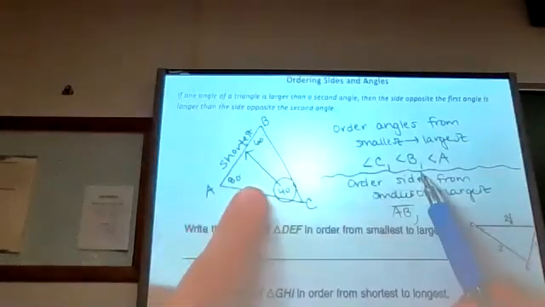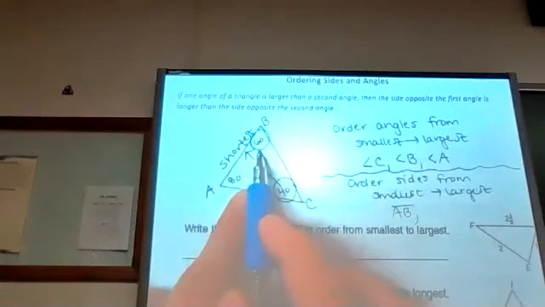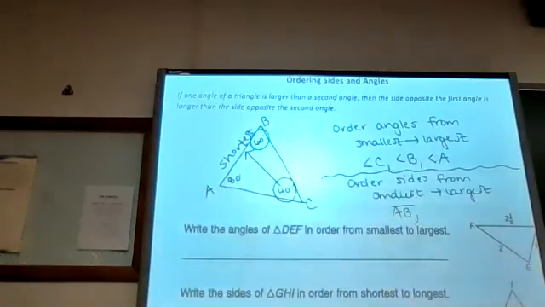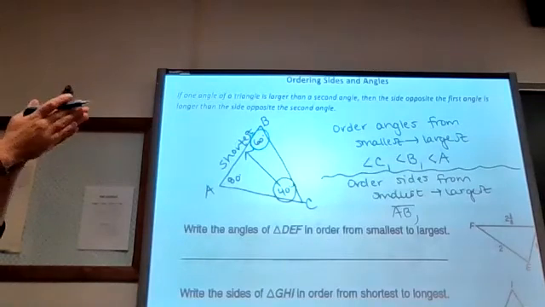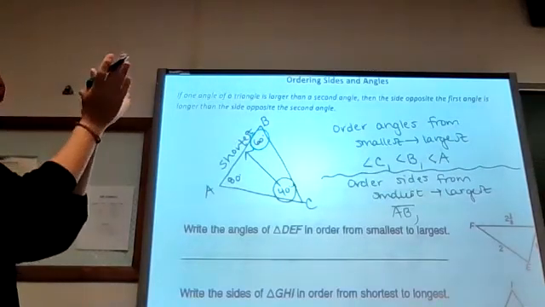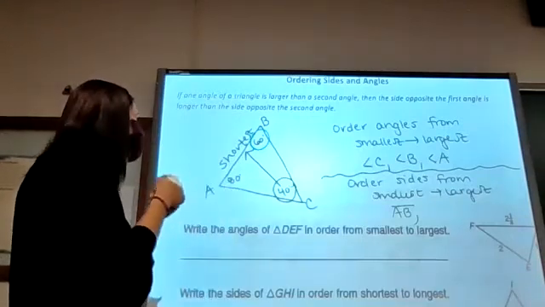We said that B is the middle angle. And what side is across from that angle? That angle, open up to 60 degrees, is creating the length for which segment in my triangle?